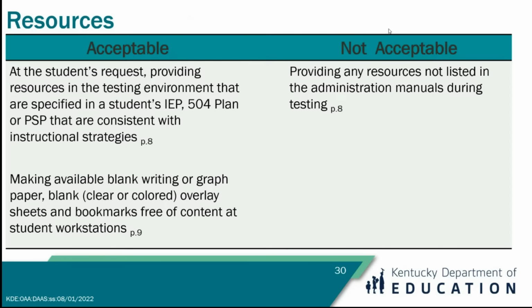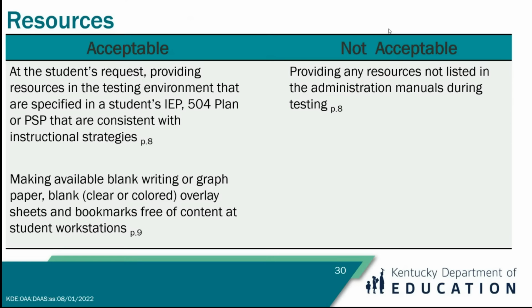Some schools use a brightly colored piece of paper or a district or school supplied bookmark to mark where testing will stop in the session. If using the online test, blank writing or graph paper are allowed at a student's workstation.